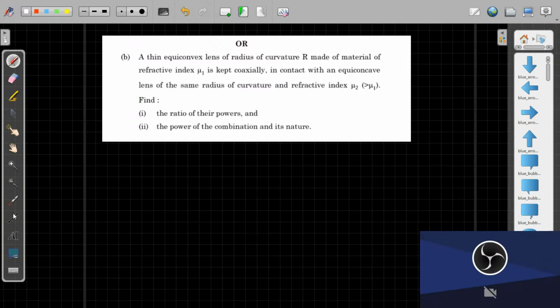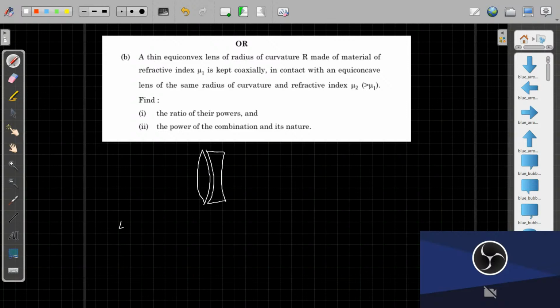Equiconcave lens means something like this. This is a radius of curvature R, of material of refractive index. So this is convex. This is concave, equiconcave. They are placed like this. Correct? Now it is in contact with an equiconcave lens of the same radius of curvature. In both cases R is the same, and we have to find the ratio of their power.